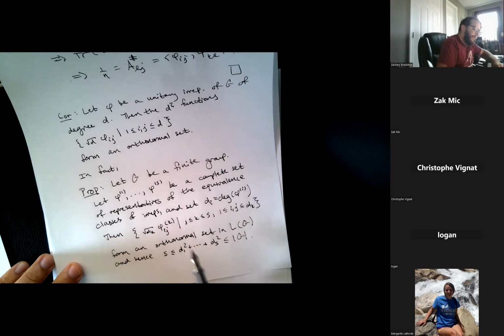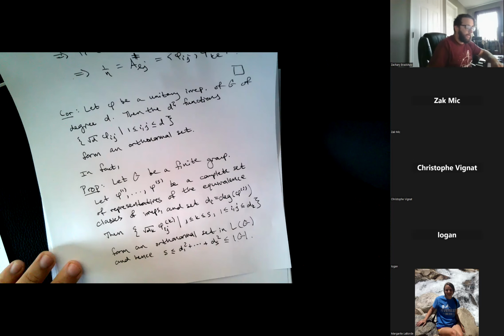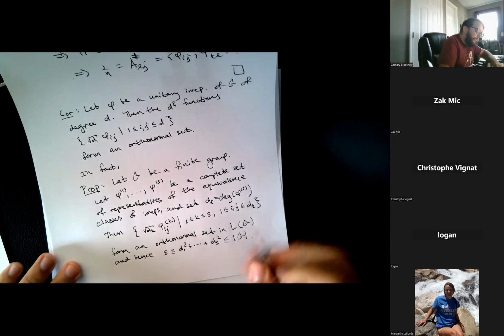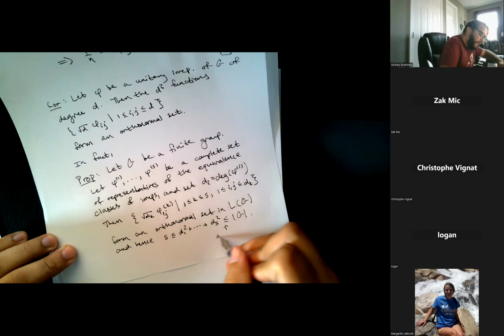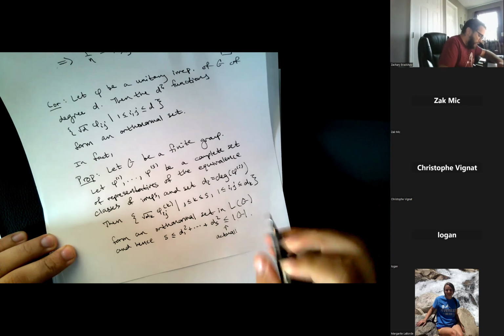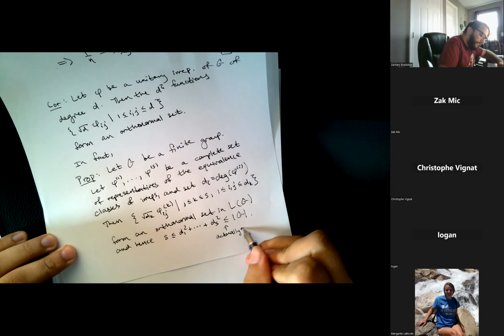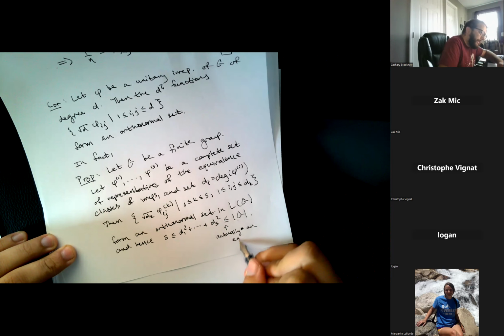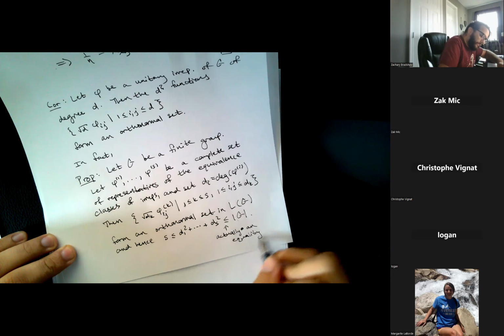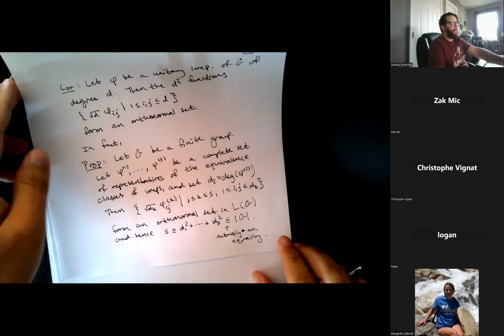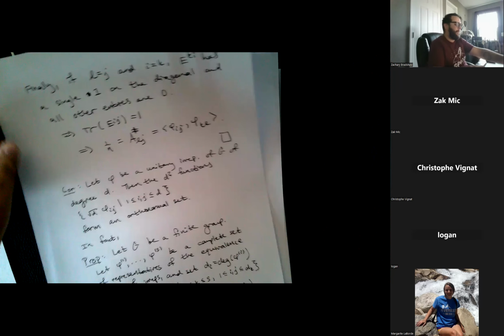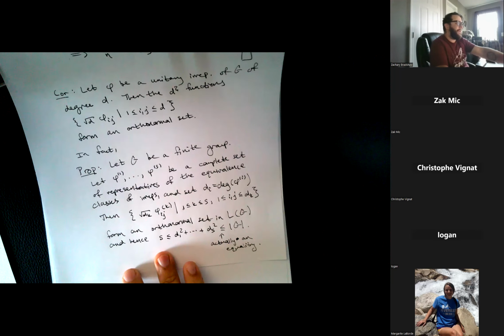And so the sum here must be less than or equal to the order of G as a result. And it's going to turn out that this is actually an equality, and we'll see that I believe next time. But there you have it for now.